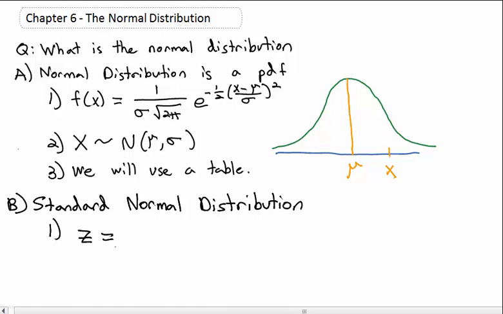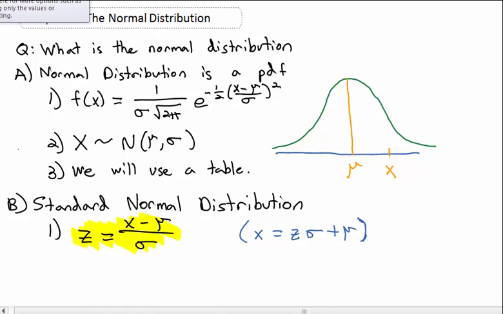And the way we calculate the z random variable is we take our x from the original distribution, subtract the mean, and divide by the standard deviation. It comes from the formula we've seen before where x is equal to z, the number of standard deviations, times the standard deviation plus the mean. Notice if you solve that formula for z, you end up with the formula that we're talking about today: x minus mu divided by sigma.